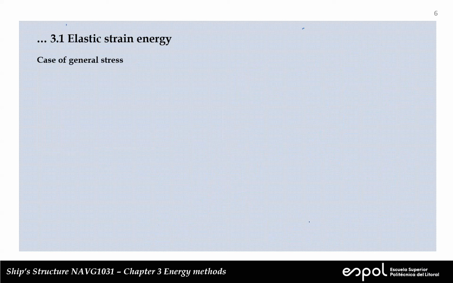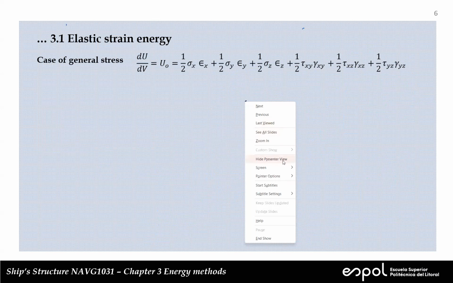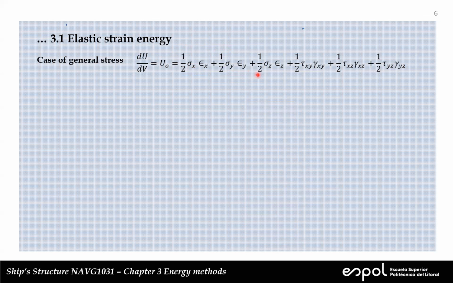Now, in the general case, we can have 3 normal stresses and 3 shear stresses. So if we consider the 6 terms, this is what we are going to obtain: the 3 terms for the normal and the 3 terms for the shear. So that's the general case. This is strain stored energy per unit volume.